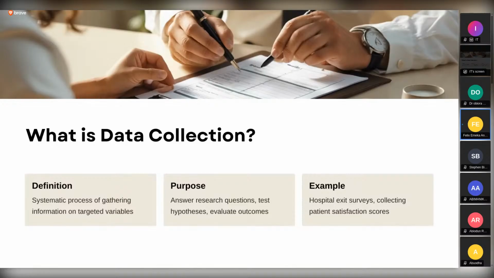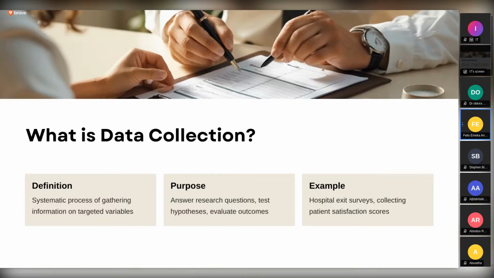Based on that problem, you craft some research questions and hypotheses to help you evaluate the outcomes or the disease condition or whatever the research problem is. So these processes give birth to what type of data you are going to be collecting.